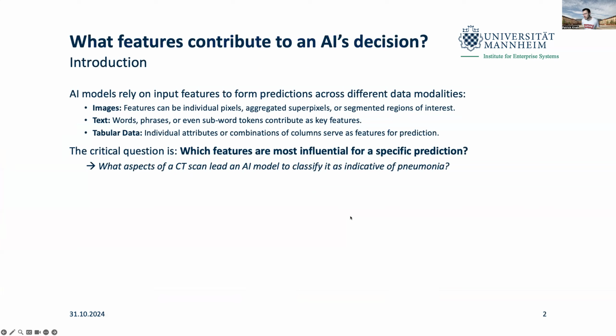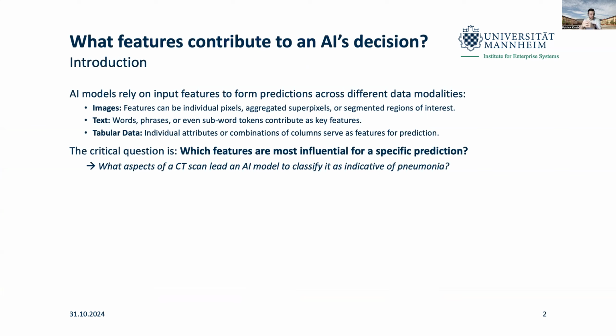So before I'm starting with the actual topic, I quickly want to recap why explaining an AI is important. AI models rely on input features to form their predictions across different modalities, such as images, where we can use individual pixels, or we can also aggregate pixels to superpixels.